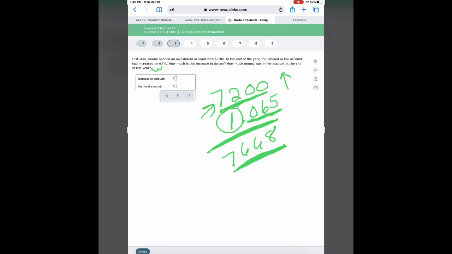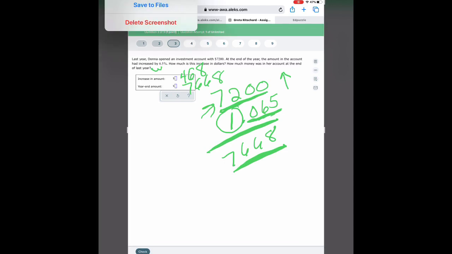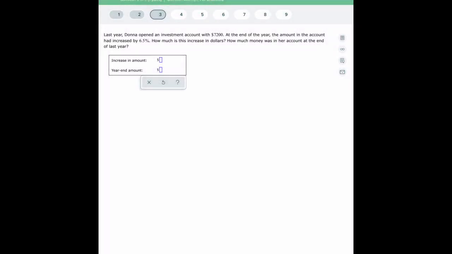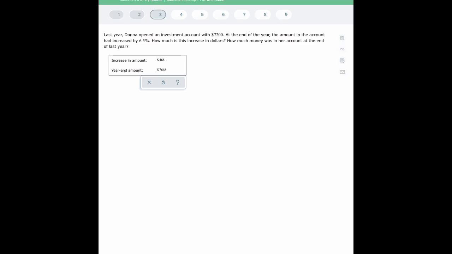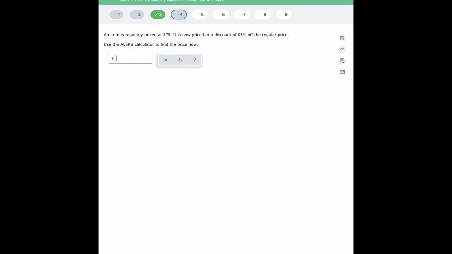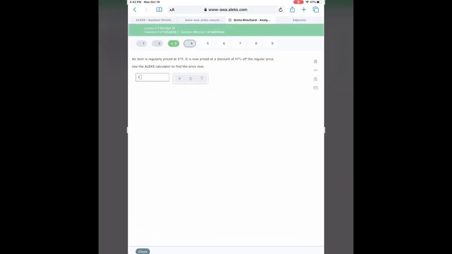We know that that was $468, and the year-end amount is $7,668. Check.